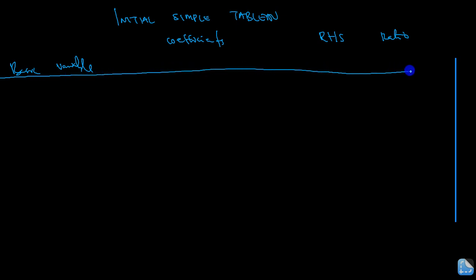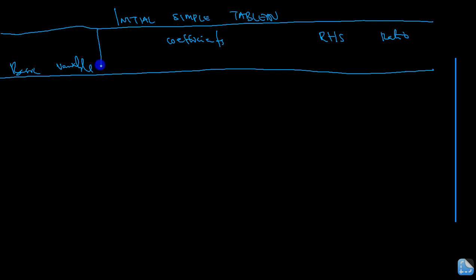Just draw a nice and smooth line with your ruler. I don't have a ruler, so don't mind my lines, but for you, make sure that these lines are straight.